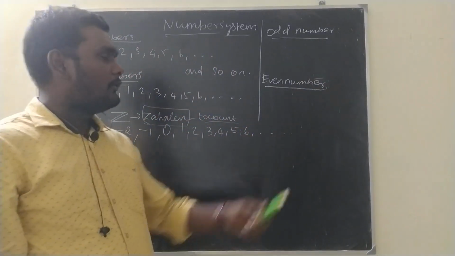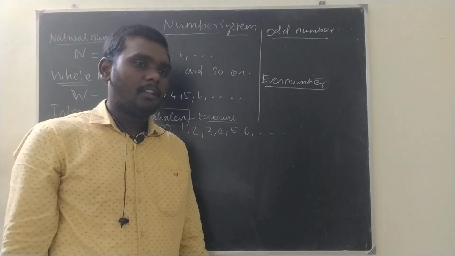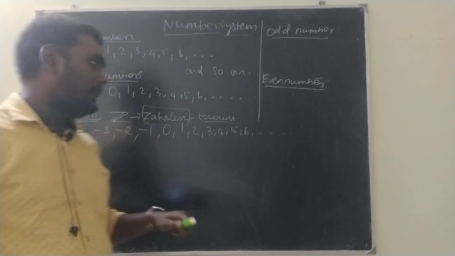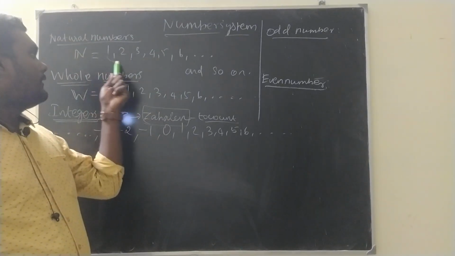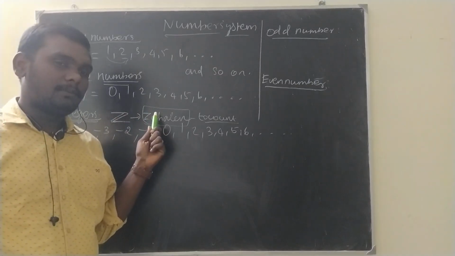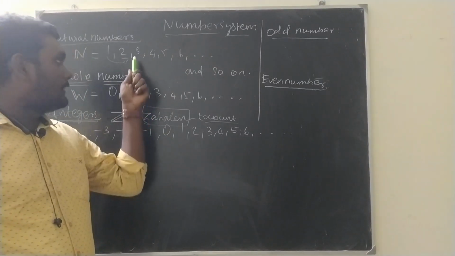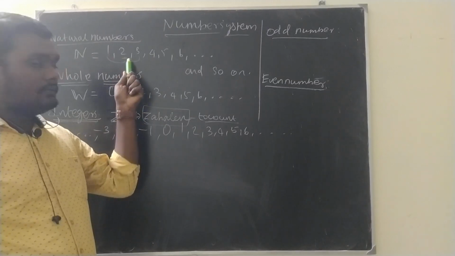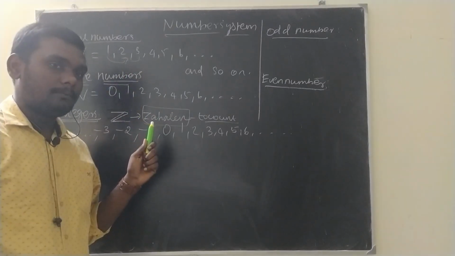Also, before getting started with odd number, even number, first you should know how these numbers are interconnected. See, 1, after that 2, which is 1 more than the previous number. Next 3, which is 1 more than the previous number.